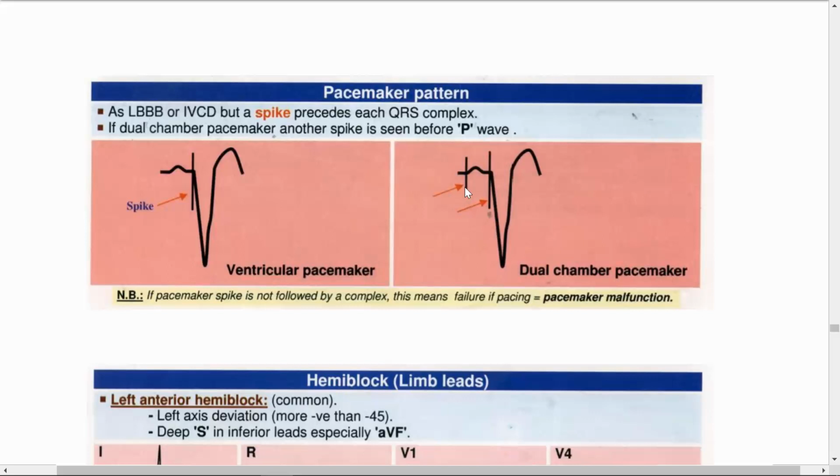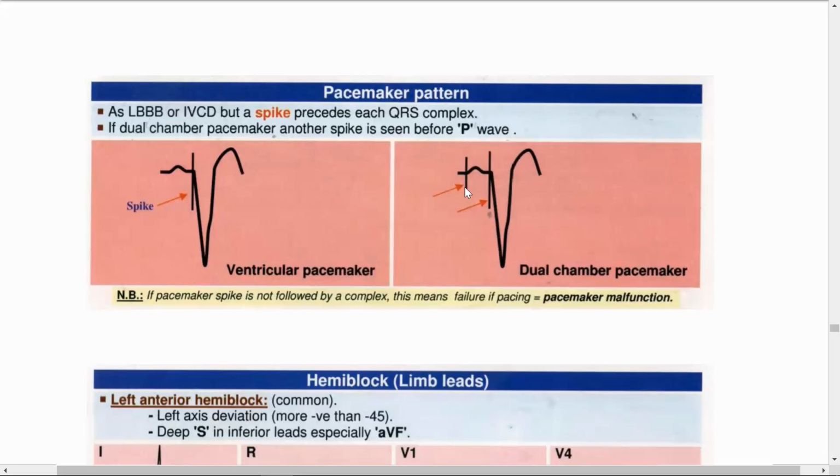If it is V, it is ventricular pacing. If it's A, it is atrial pacing. If it is D, it is dual pacing, atrial and ventricular.